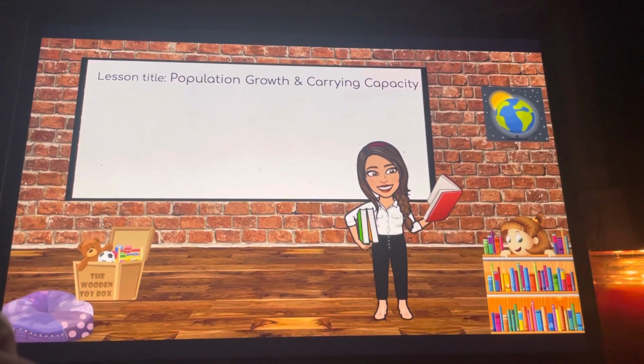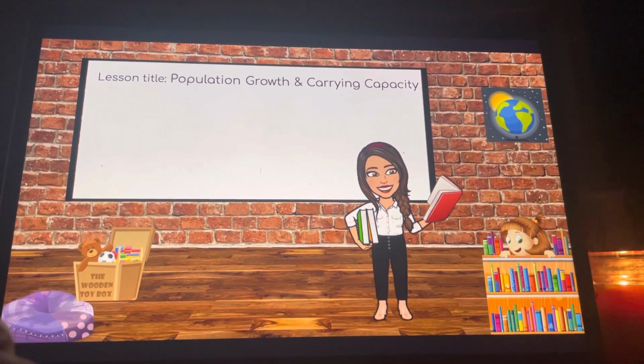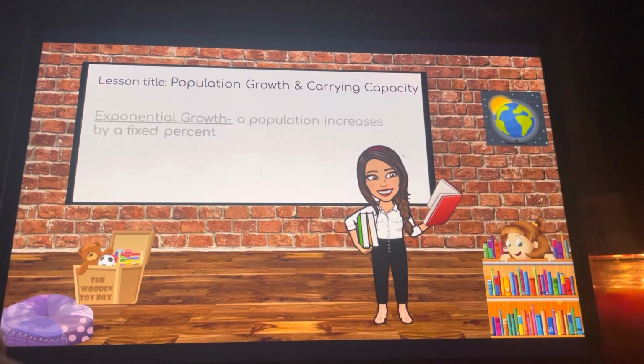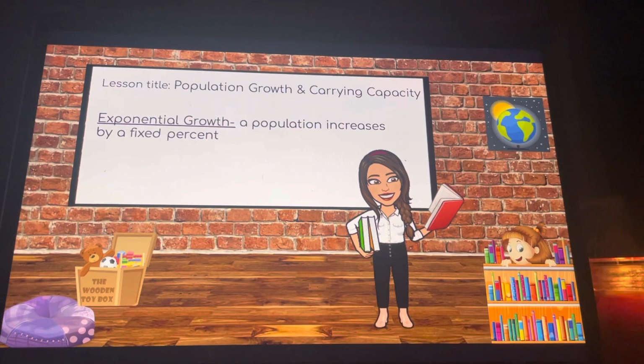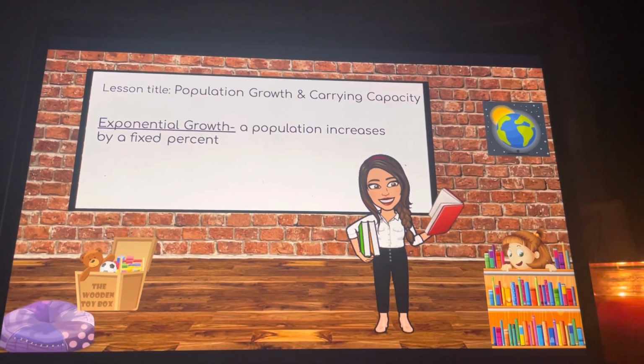When dealing with population growth, you will hear exponential growth. A population increases by a fixed percent. A fixed percent of a large number produces a large increase.